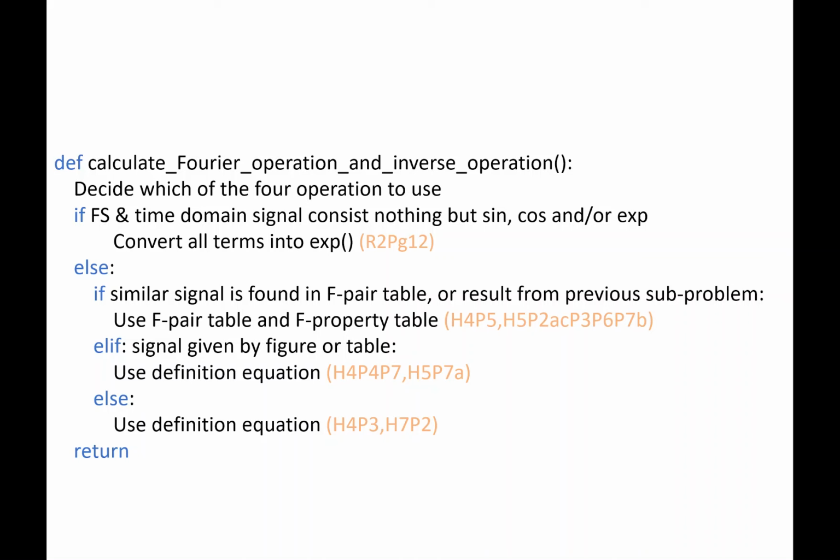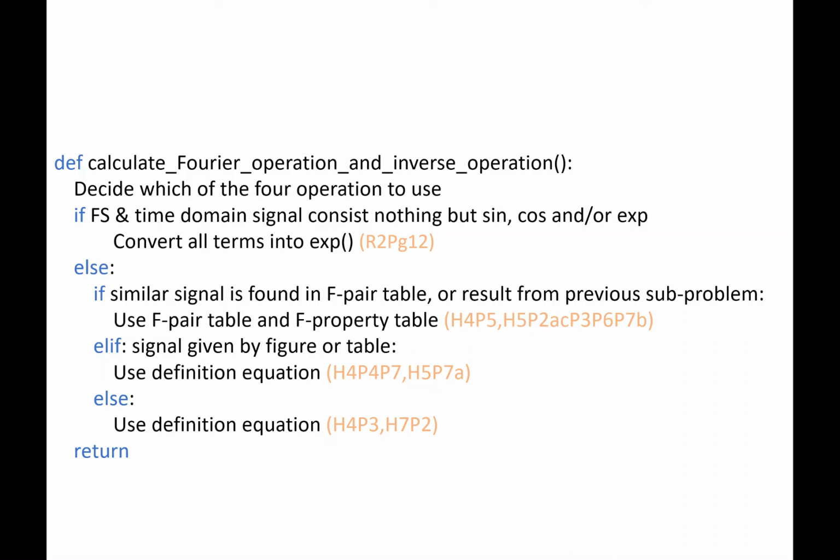First, you would like to try to find any signal in the table that looks like the given signal. So I'm going to look in the Fourier transformation pair table, to see if the signal I'm trying to find the Fourier transformation of is similar to a signal in the table.